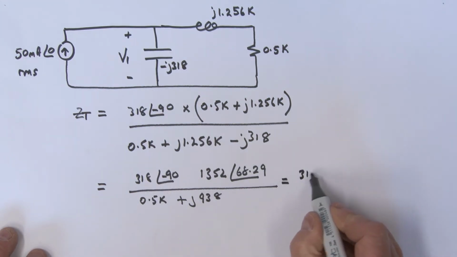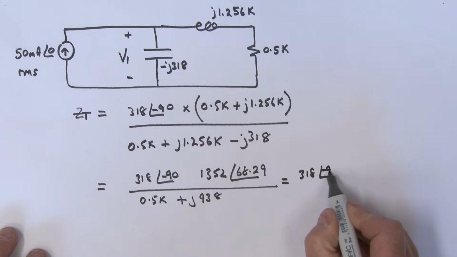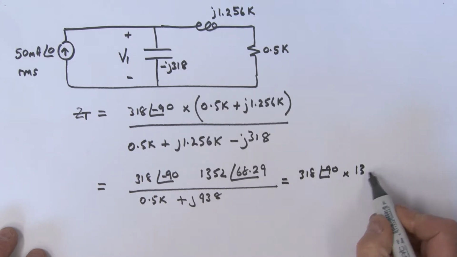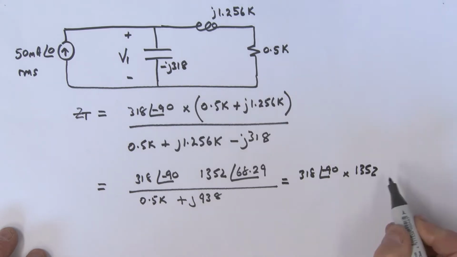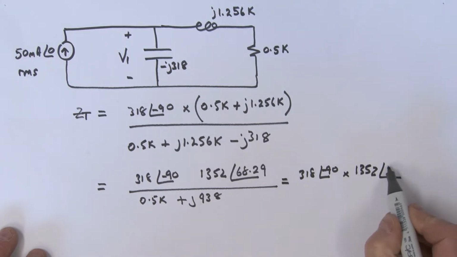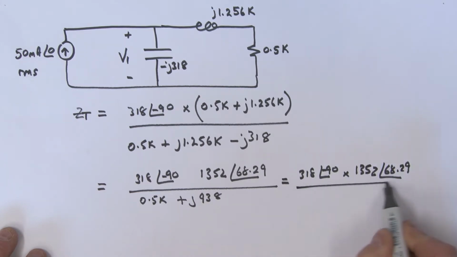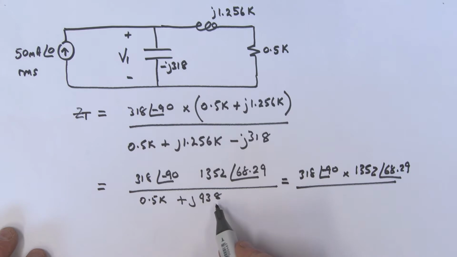We've got the 318 angle minus 90, and that's multiplied by this 1352, and my angle here, of course, is that 68.29, and I'm now dividing by converting this into polar.